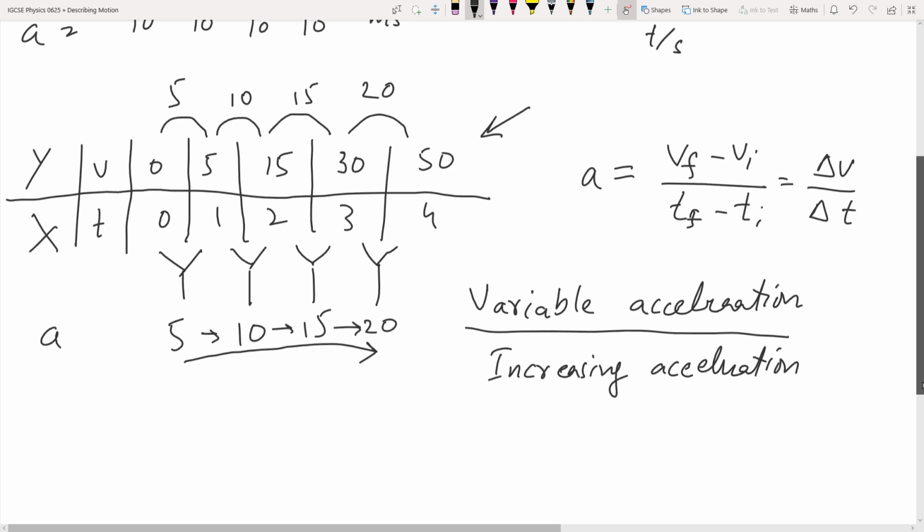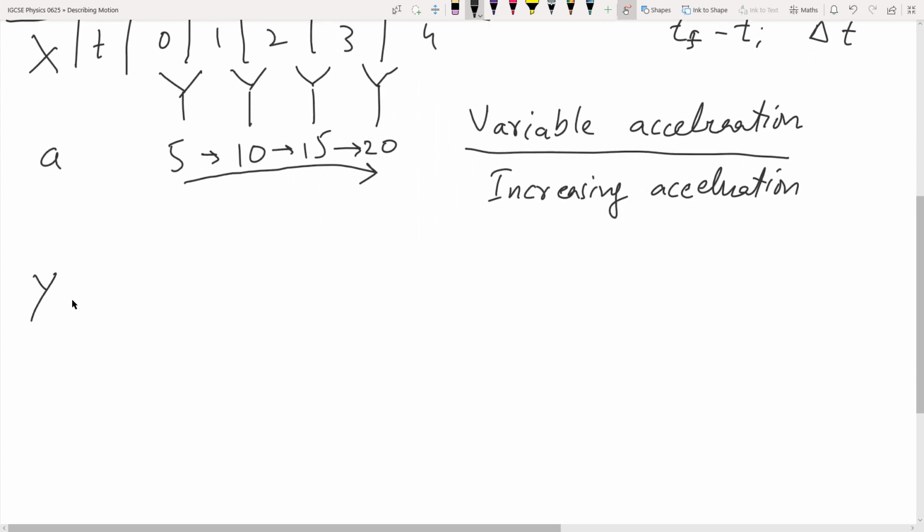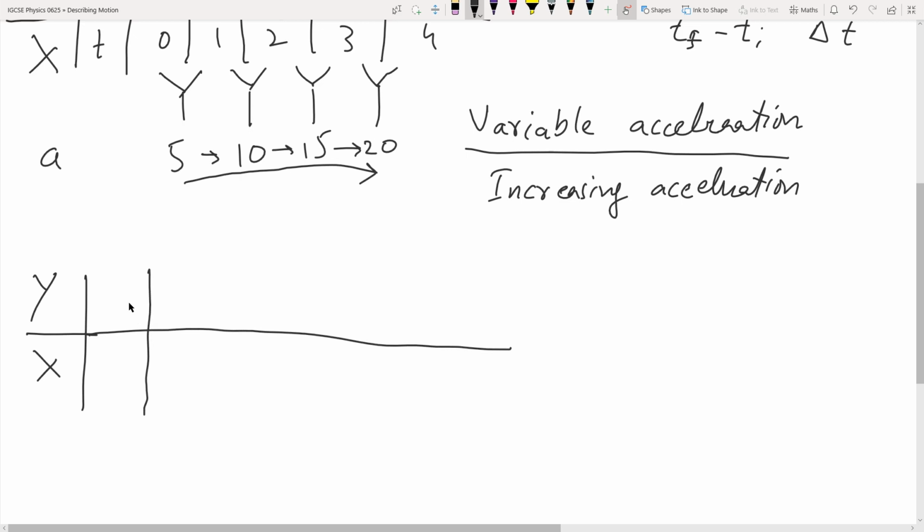This is called increasing acceleration. Okay, now let me draw another chart. As I said, these charts are going to be more important than the graph for now. I will draw these all out on the graph and then refer to these values over there for your sake of understanding. But for now, let's say we started from 0.